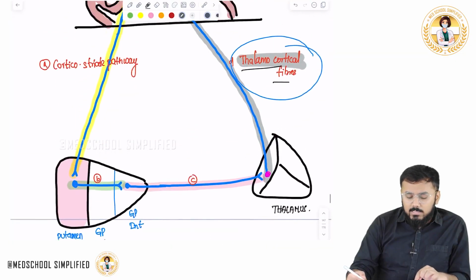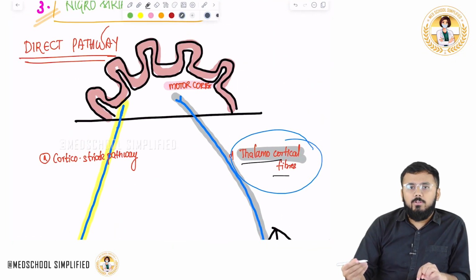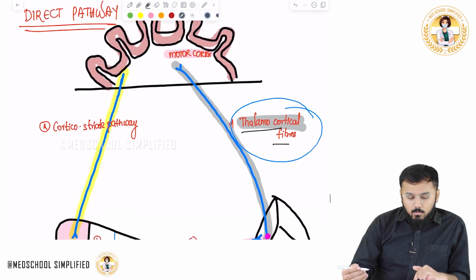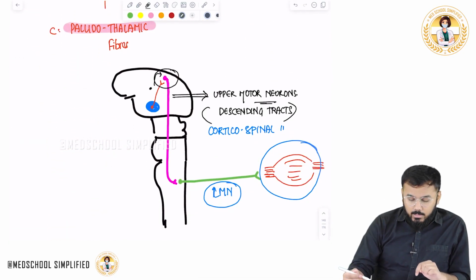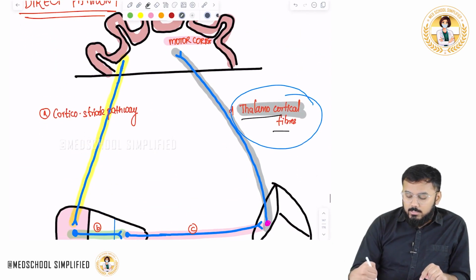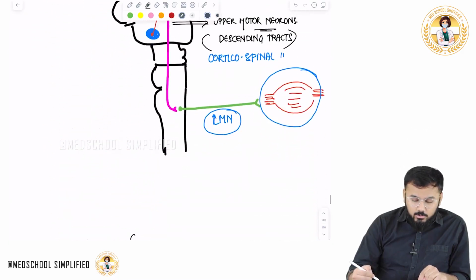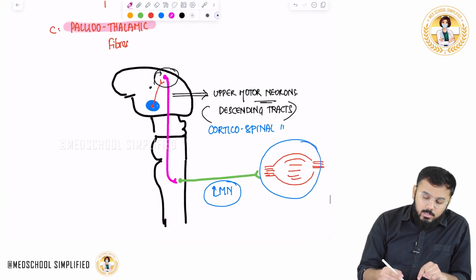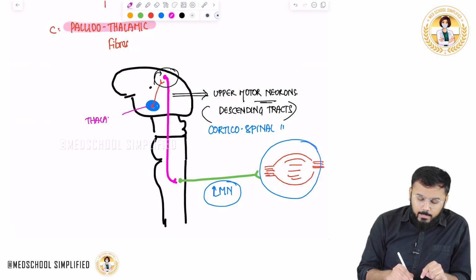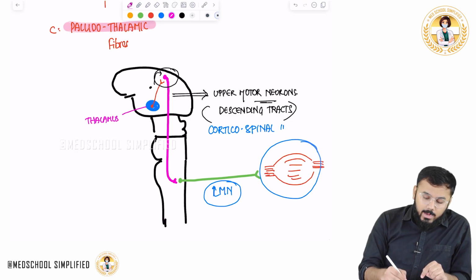Once the fibers enter the cortex, what is their fate? What did I tell you about the fibers going from the thalamus to the cortex? This is called thalamocortical. All of you just look at this picture. This blue part I have written here is your thalamus, and this entire part which I am shading with yellow is your cortex.